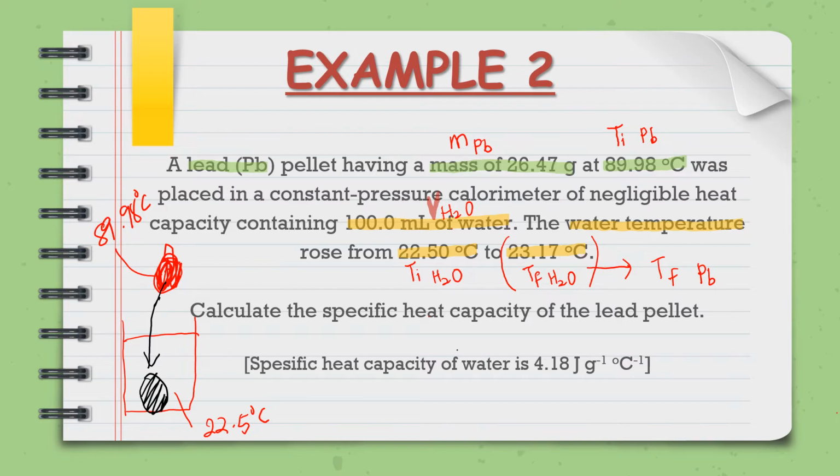When it sits inside the water, what happens? It will achieve thermal equilibrium. So the final temperature of the water will be the same as the final temperature of the lead pellet. It will be the same because they are inside the same system.